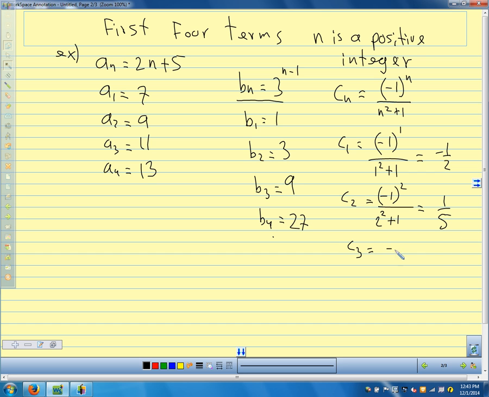C sub 3, negative 1 to the third power over 3 squared plus 1, negative 1/10. And c sub 4, minus 1 to the fourth power over 4 squared plus 1. And I get a positive 1/17.